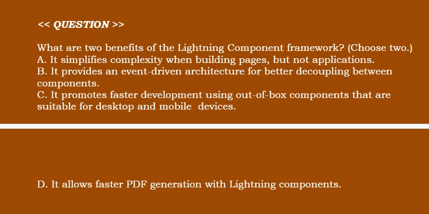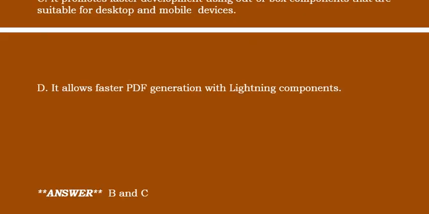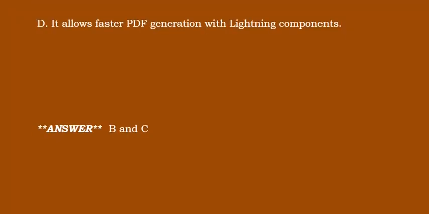Option C. It promotes faster development using out-of-box components that are suitable for desktop and mobile devices. Option D. It allows faster PDF generation with Lightning components. Correct answer is option B and option C.